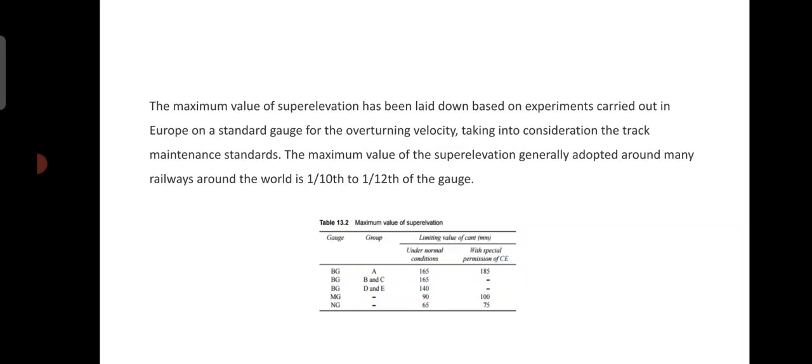For broad gauge, for A class the limiting value of super elevation is 165, for B and C class it is 165, for D and E class 140, for meter gauge it is 90, and for narrow gauge 65. All are in millimeters.